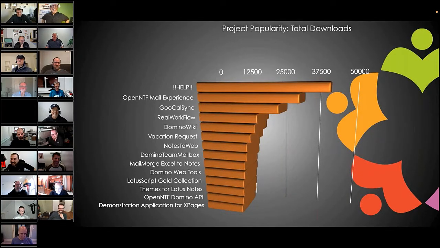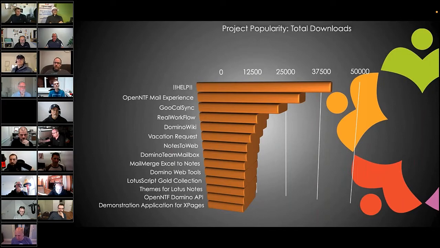Yeah, like that. Anyway, this cool graphic is showing total downloads of projects. I would, of course, remind you that we removed IBM-sponsored projects from these graphs because they were outweighing community projects. This is not a popularity contest, but surely download counts are a metric for projects.